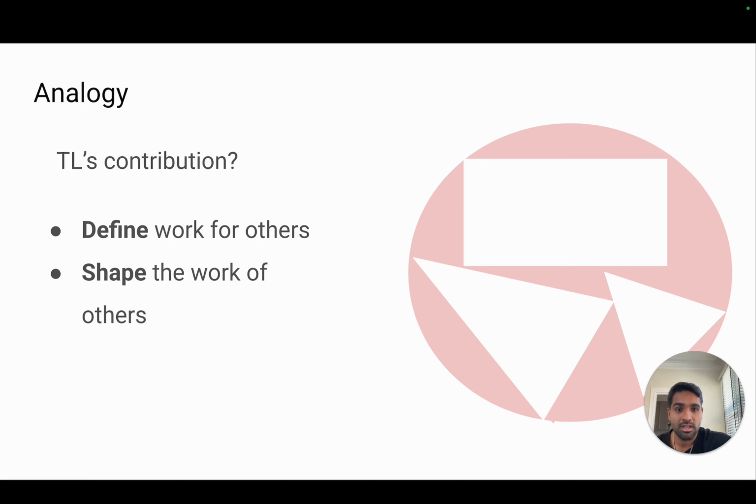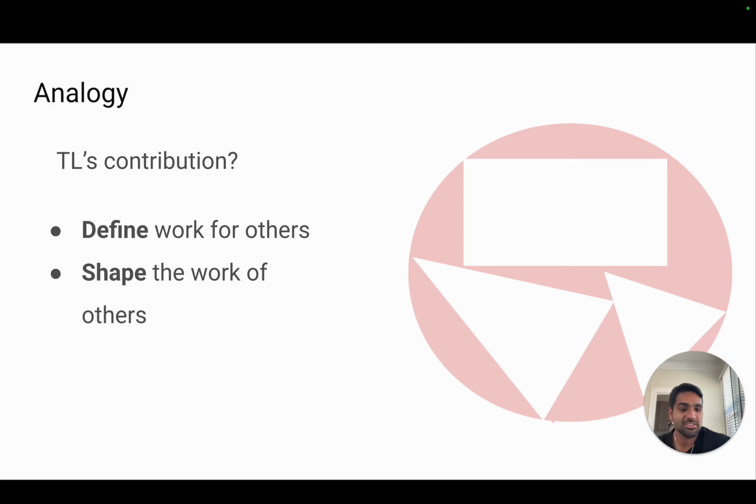It gives ideas on how to do something, like how to create this rectangle. What should be the size of this rectangle, for example, right? And these things are really valuable because if you were to put two triangles and one rectangle together, it would never look like a circle, right? And that's exactly, I would also say, how TLs should communicate their contribution when it comes to performance reviews.